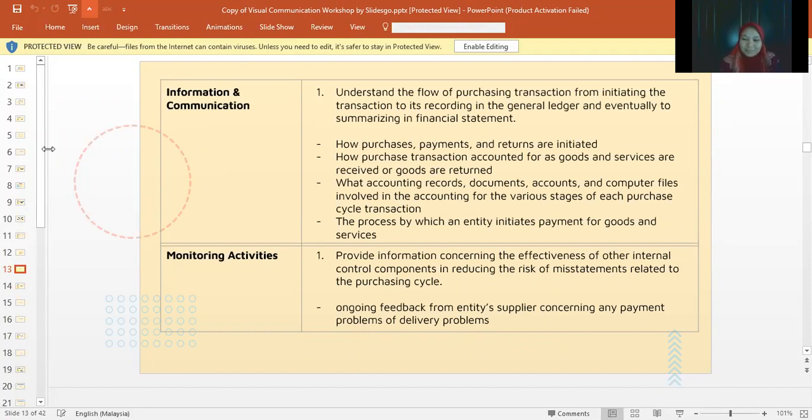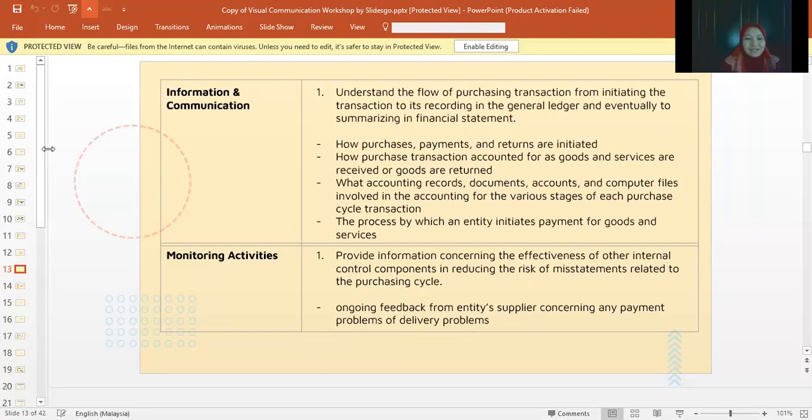And the management needs to know the process by which an entity initiates payment for goods and services. And the last one is monitoring activities.